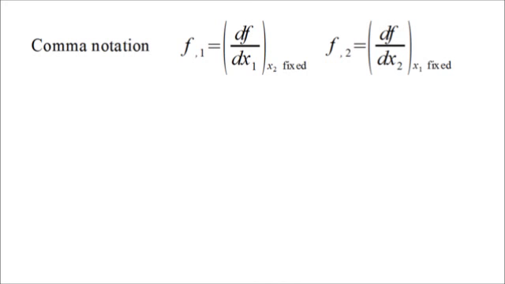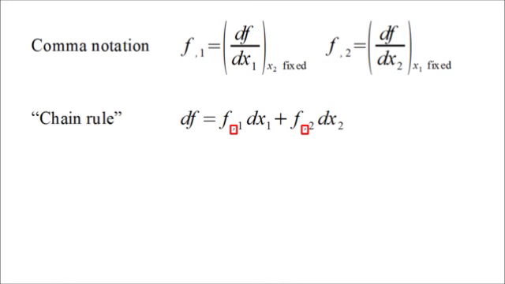So now we can write, in general, the change in the function f, df, is equal to the change in the function when you only change x1 times the change in x1 plus the change in the function when you only change x2 times the change in x2. It's easy to overlook the commas, but it's important to note that those represent slopes with respect to the corresponding variable. We're going to call this the chain rule.